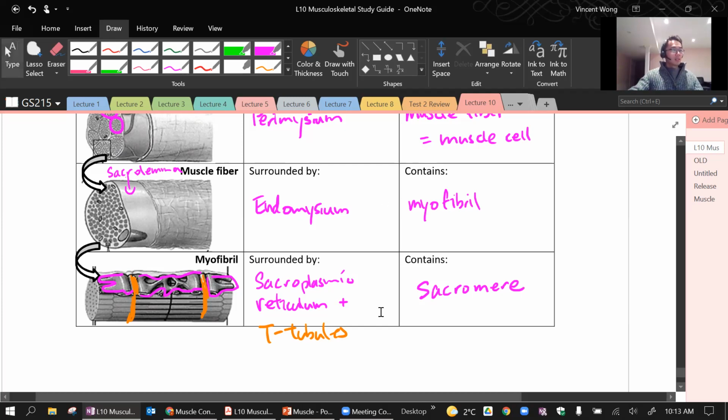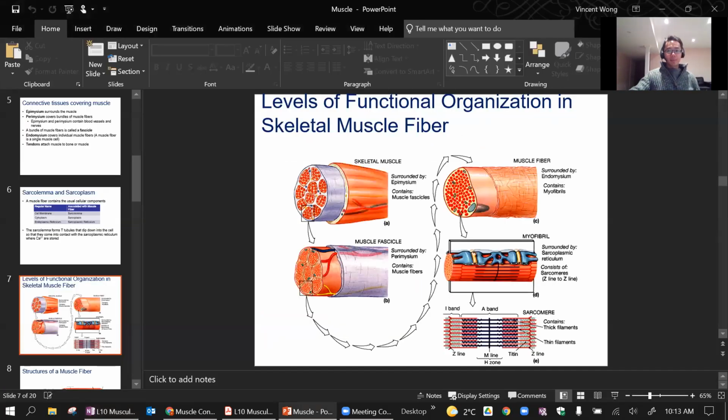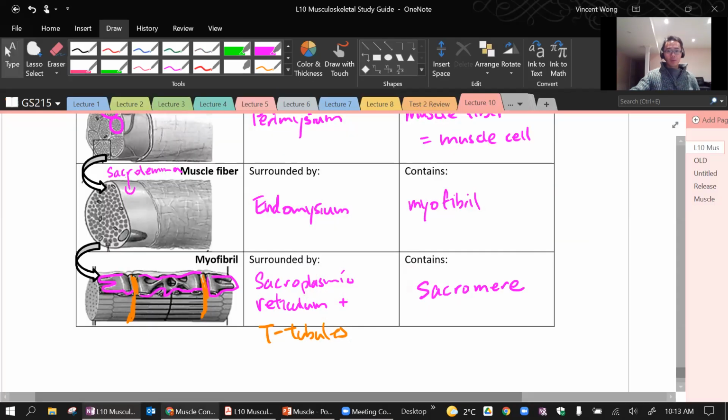Sorry, I think I have been spelling it wrong the whole time. Sarco, not sacro. Sarcomere, sarcoplasmic reticulum. Sorry. Sarco. SARCO for all of them.